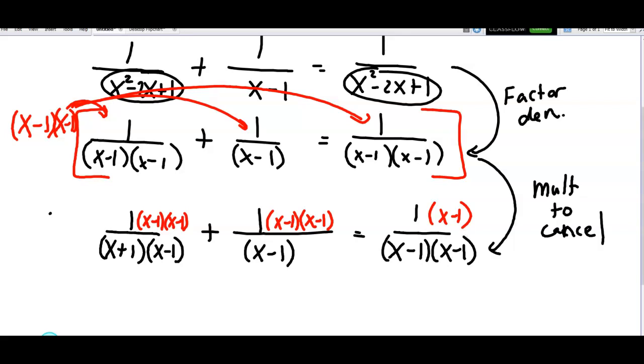So, Vidal, what'll be left here? We're going to cancel. For the first one? 1. Just 1, right? Because those 4 things cancel each other out. Stephen, what would be left here?